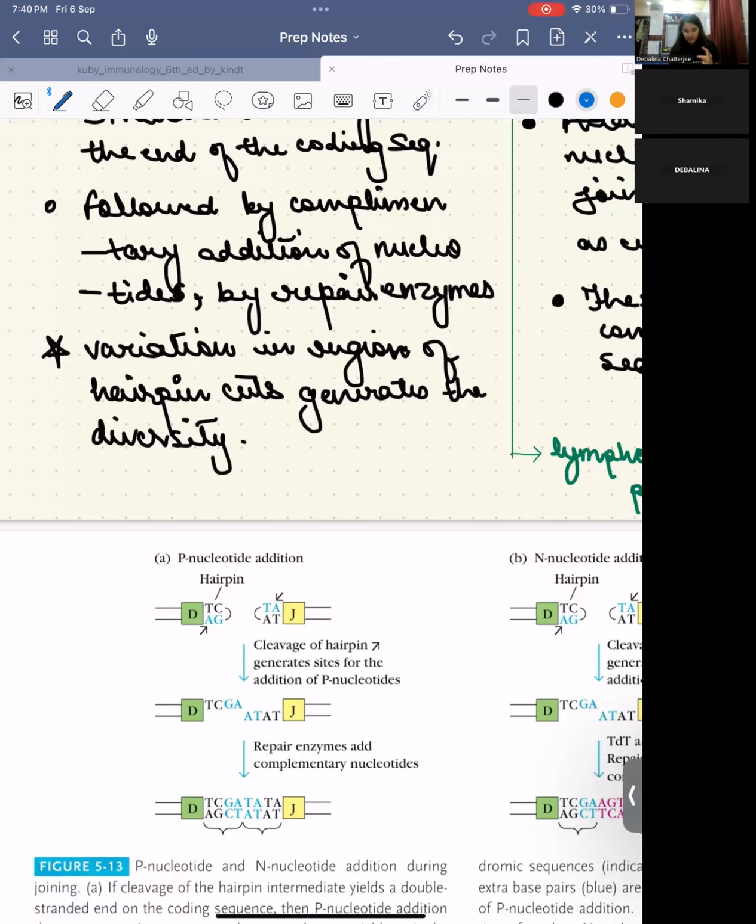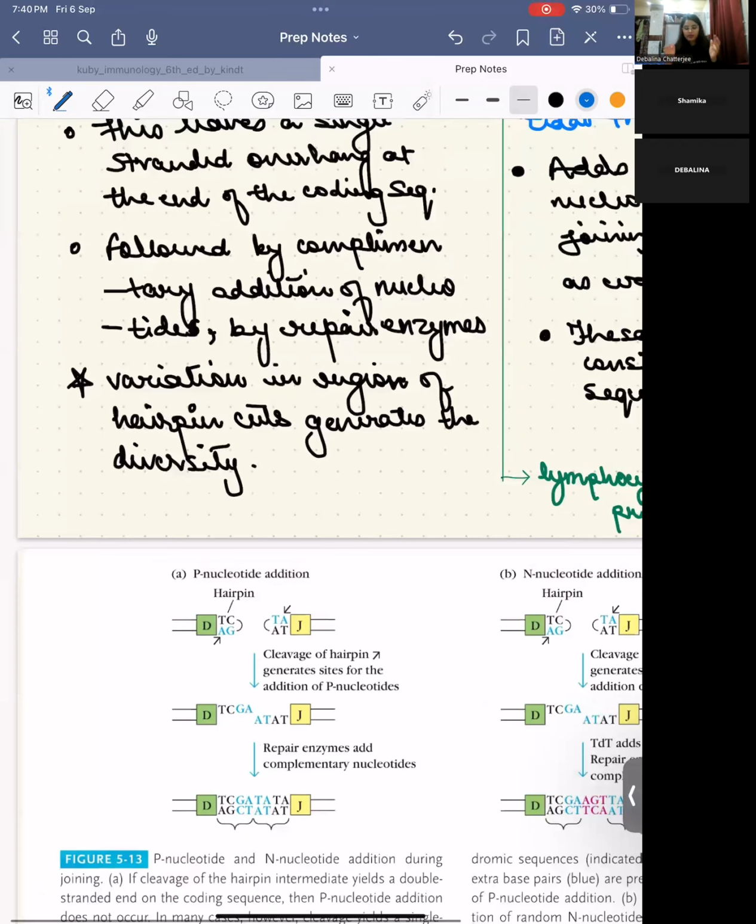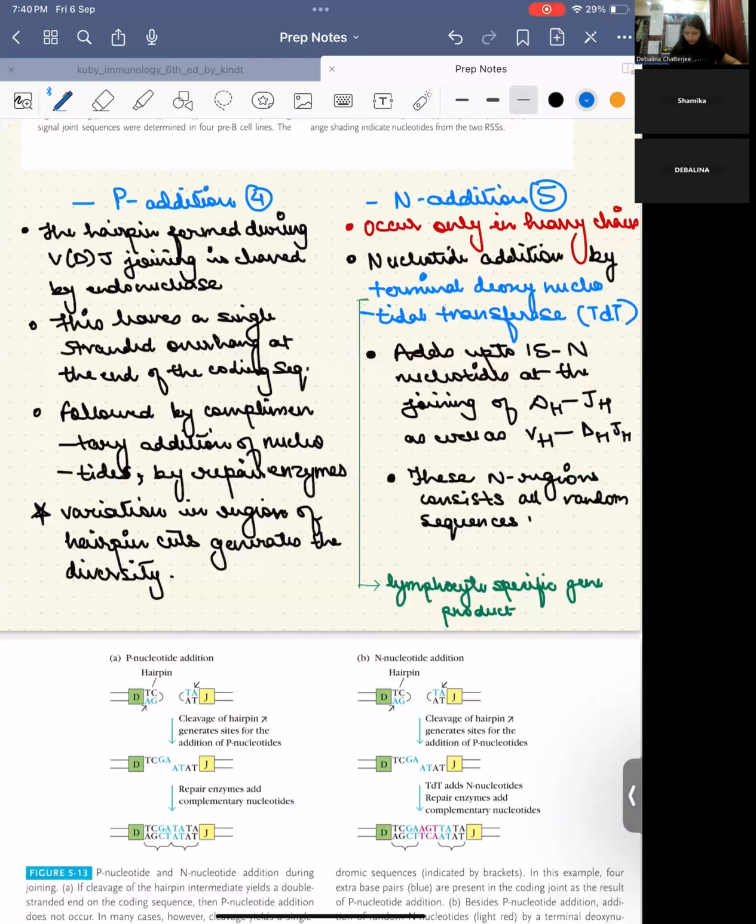This addition that is happening because of cleavage of the hairpin by endonuclease is called the P addition. The beauty of it is that the hairpin is always forming where we have the RSS sequences. That's why it's most likely that you will have an AT region or an AG or CG region, which is more susceptible to cleavage by endonuclease.